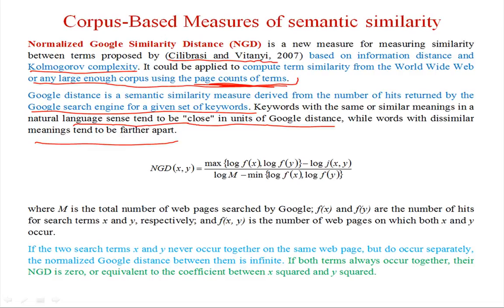According to this, the normalized Google distance between two terms x and y can be calculated as the maximum of log fx and log fy, minus log fxy, divided by log M minus the minimum of log fx and log fy. Here fx and fy are the number of hits for terms x and y respectively, and fxy is the number of web pages on which both x and y occur.